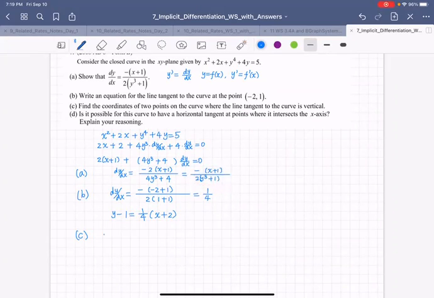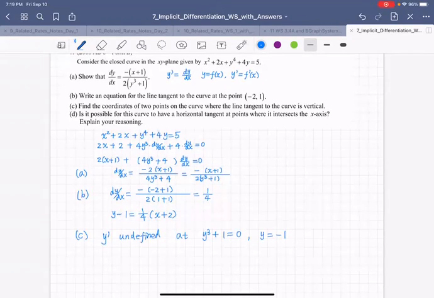So you say y prime is undefined where y cubed plus 1 equals 0. Okay. So y equals how much? -1. Y equals -1.